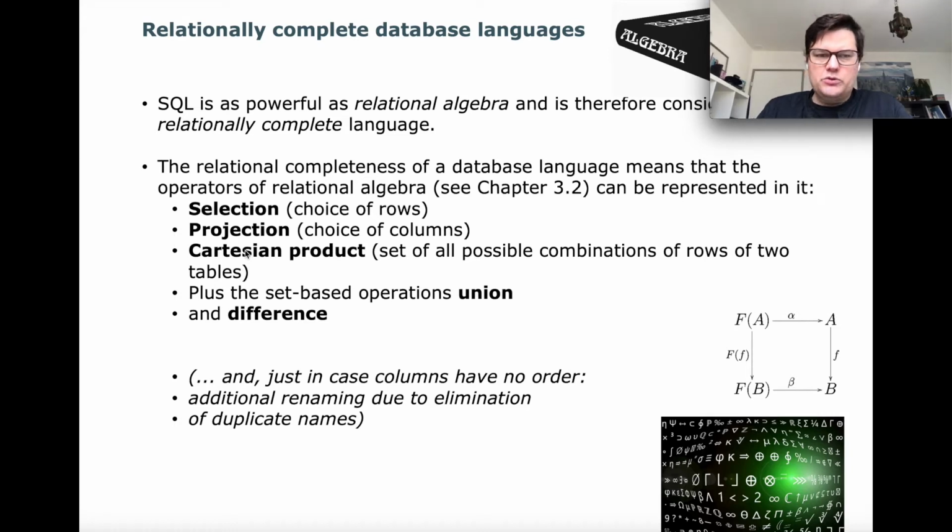So you should be able to do selection, so you choose the rows you want to see in your query. You can project columns, which means you can choose the columns you would like to see of the table. There's a Cartesian product, which generates a set of all possible combinations of rows from two tables.